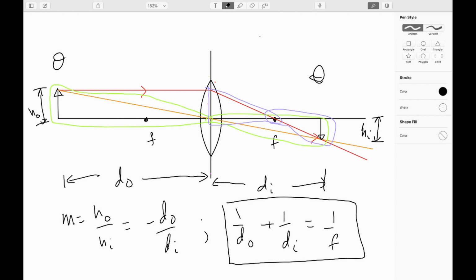But again, just remember, upright is positive, inverted is negative. If the image is real, it's positive. If it's virtual, it's negative. In this class, object distances will always be positive, although virtual objects are a theoretical thing, and we would have to worry about them in a more advanced class, but not here.